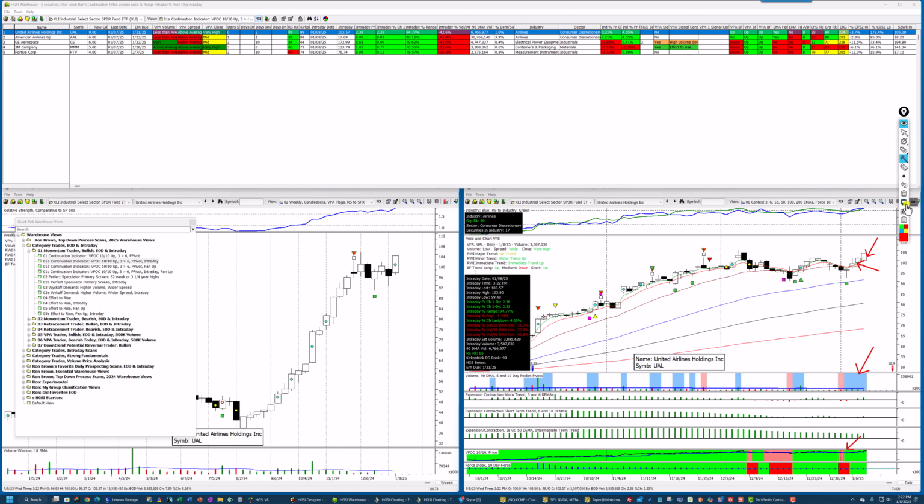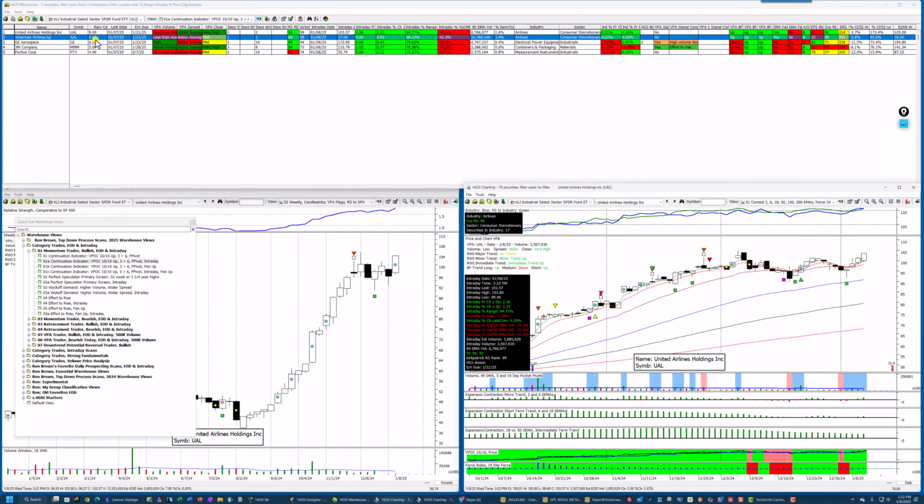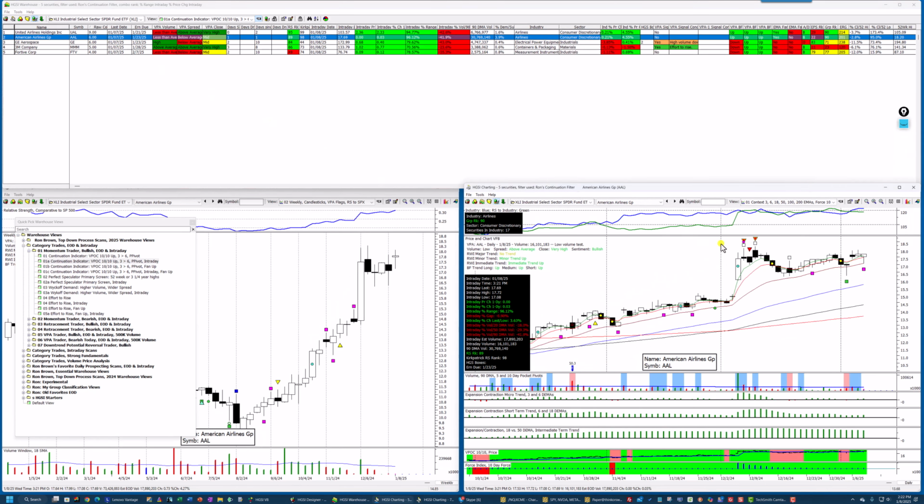It's just a way to find stocks that have crossed over, they're already on the move, and they may be continuing. So let's look at the rest of these stocks here. I'm going to look at AAL. You can see that the 3 is crossed over here.